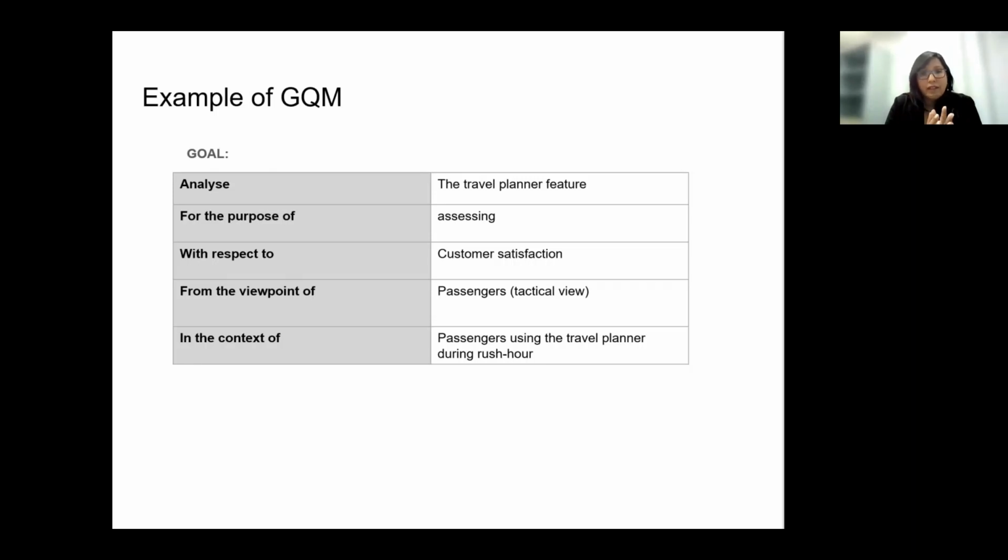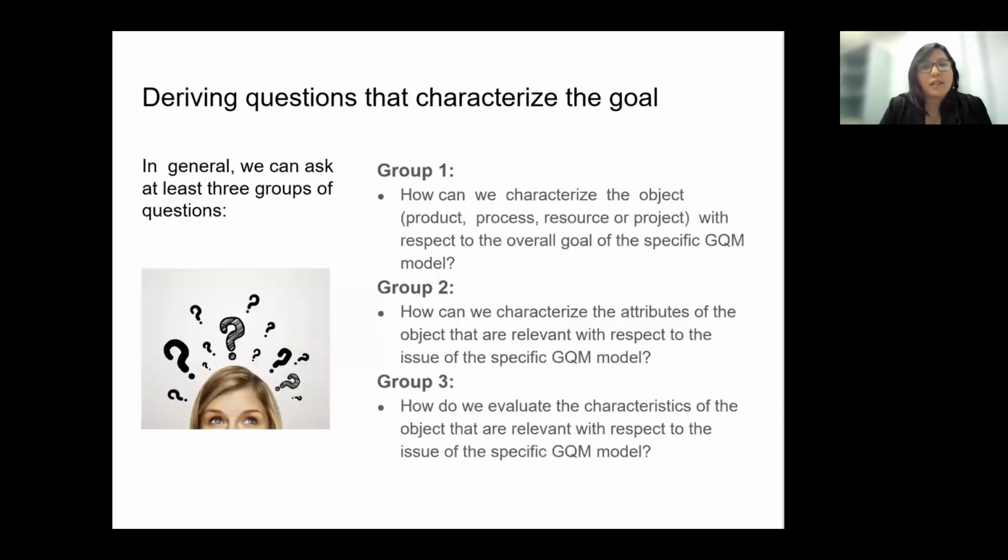Having the goal, we can now start identifying our questions, formulating our questions. This is the second level of the GQM graph. And for formulating these questions, we should consider 3 groups of questions that can help in formulating them.